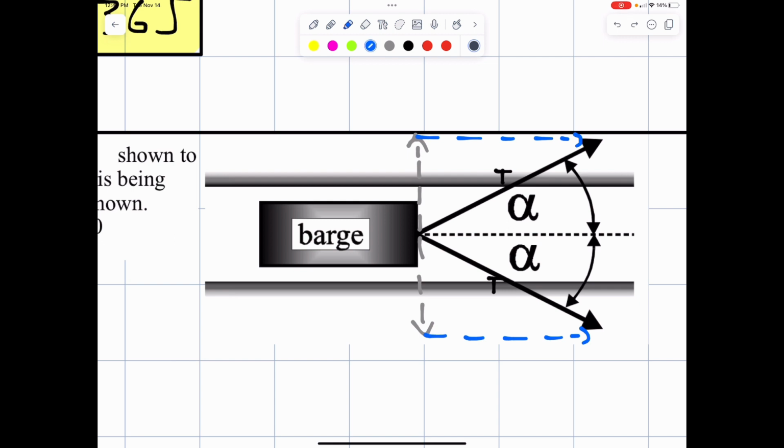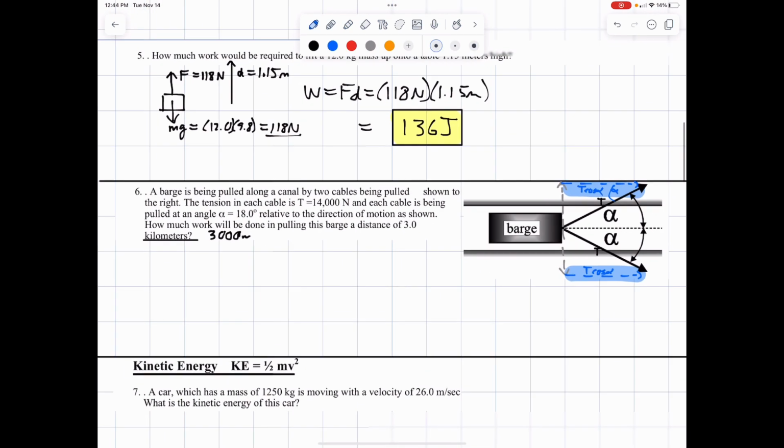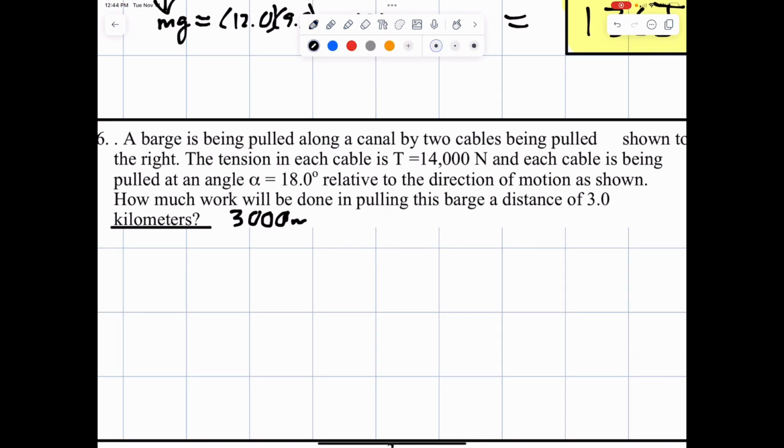Alpha is going to be the same as that angle right there. So this is T cosine alpha, and this is also T cosine alpha. Since there are 2 of them, your parallel force is actually 2T cosine alpha.